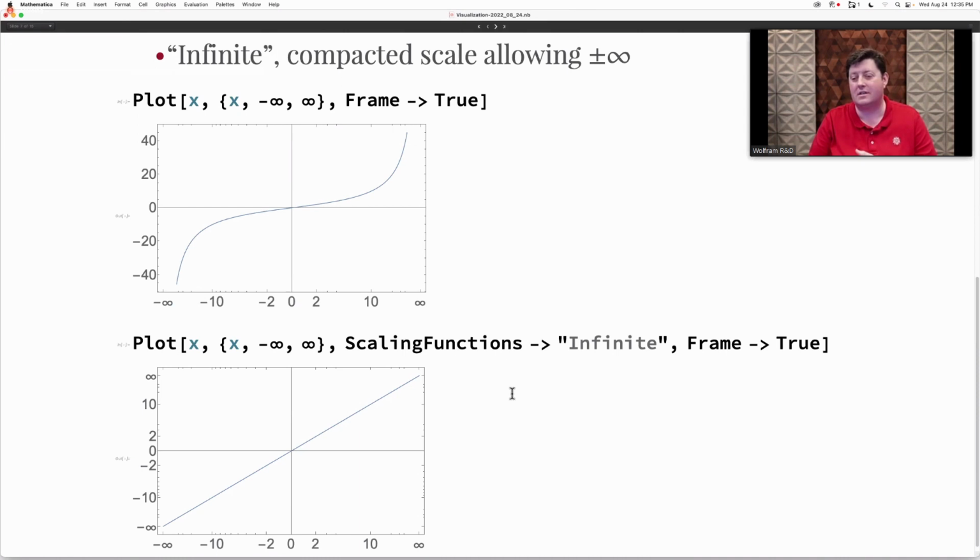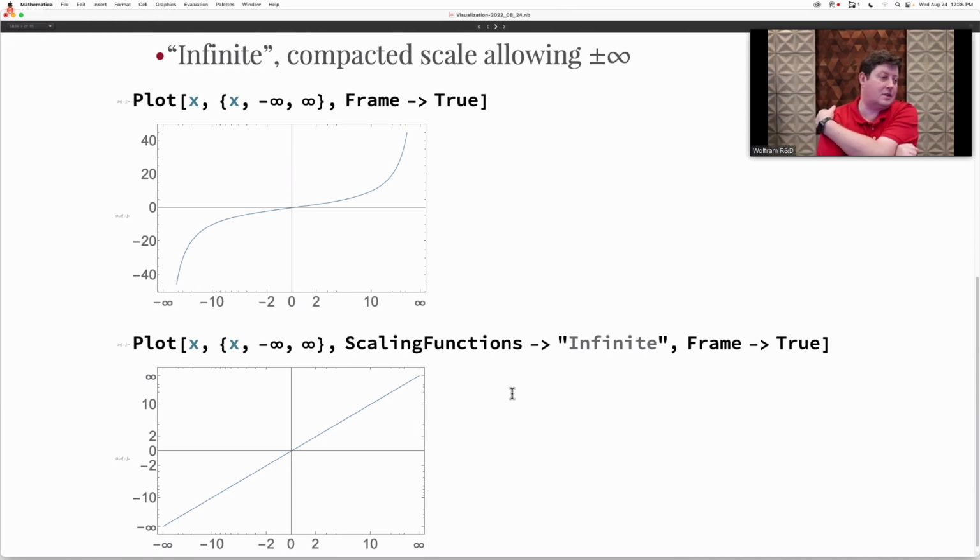So obviously Plot is still sampling at a finite set of points. I don't remember. I mean, there's a lot of different ways that you can do an infinite type scale.